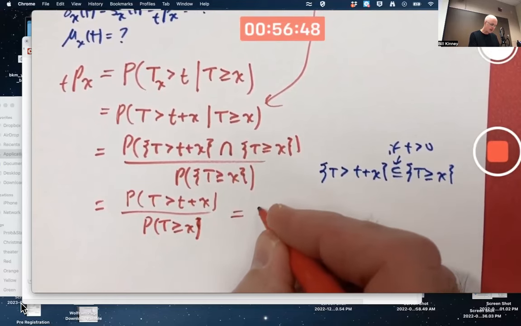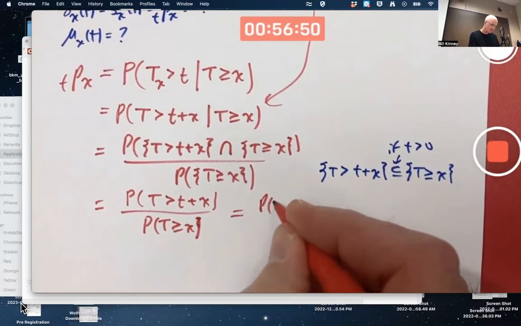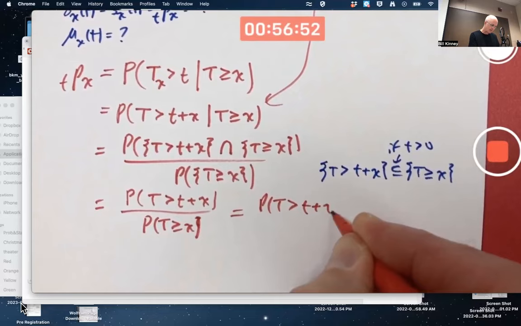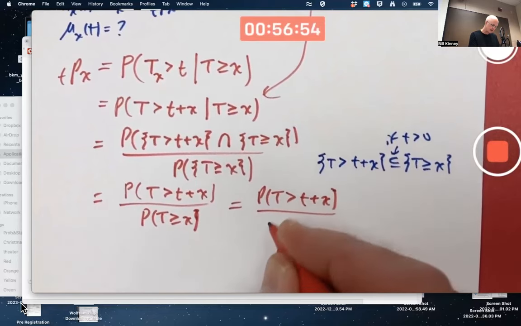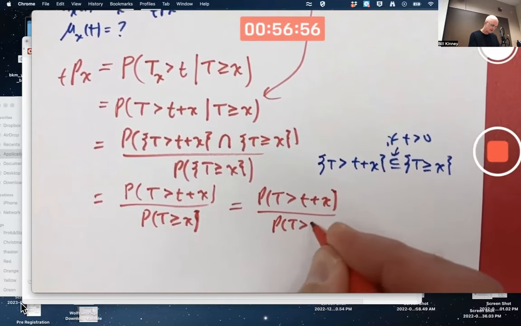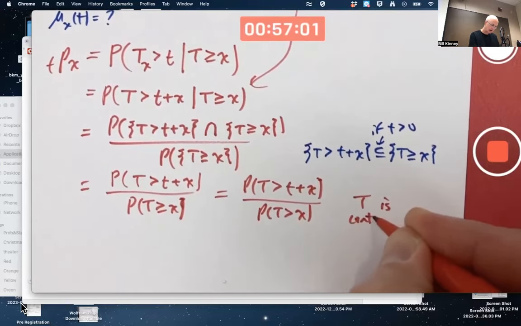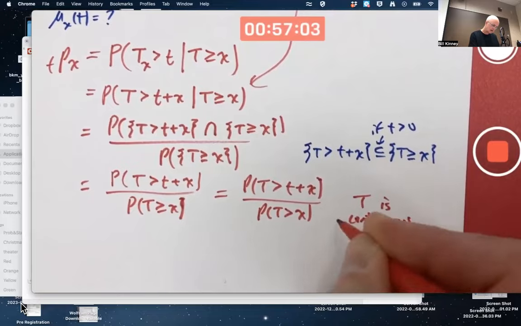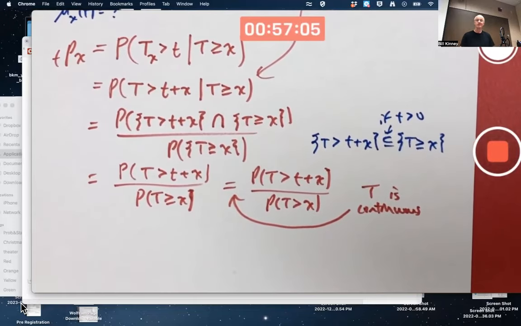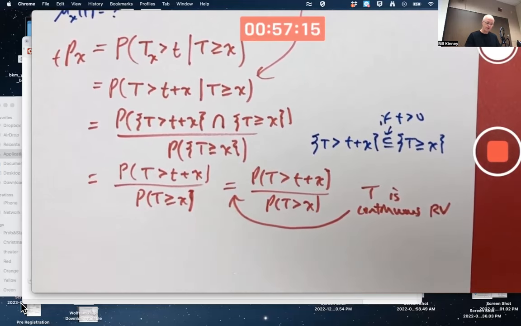And by continuity, I can also write the bottom thing with a strict greater than sign, since capital T is a continuous random variable. The strict inequality versus the non-strict doesn't matter. And that is the ratio of survival functions.